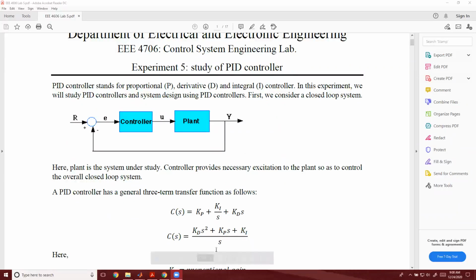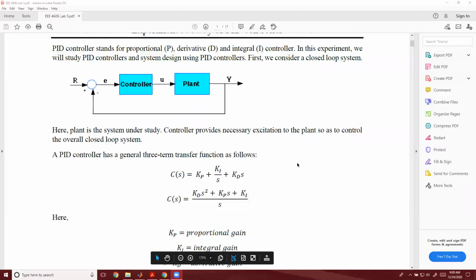For the derivative controller, we have Kd, which is the constant of the controller, multiplied by S, because if you multiply something by S, that's the same as what? Derivative. Yeah, it's the same as derivative. That's why it's called the derivative controller. And for the integral controller, we divide by S because that's the same as integration, right? So that's where the 3 names come from, P, I, and D.